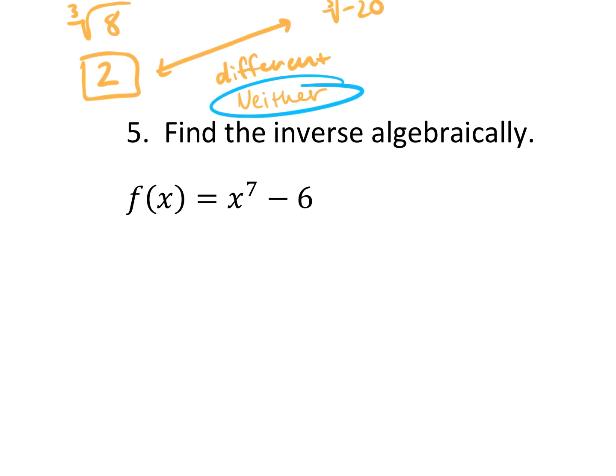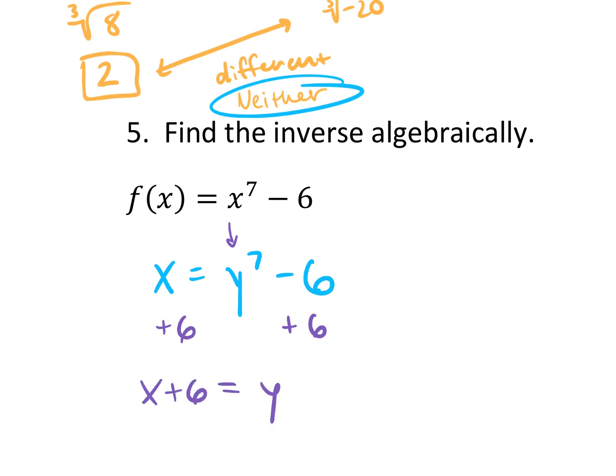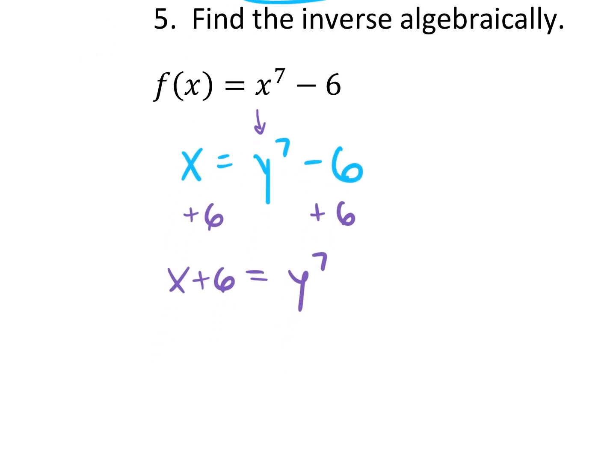Number 5 is another inverse question. So we just flip the x and y. So I can say x is equal to y to the 7th power minus 6. And we solve for y. How would I solve for y? Add 6 to both sides. So x plus 6 is equal to y to the 7th power. What should I do next?